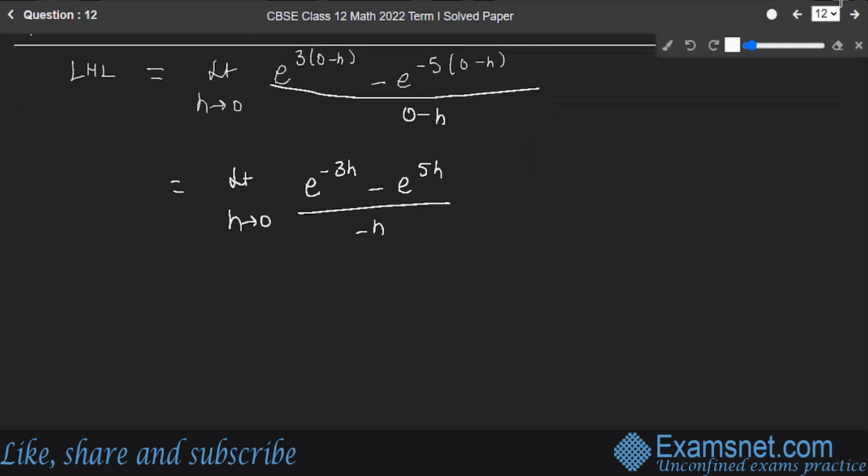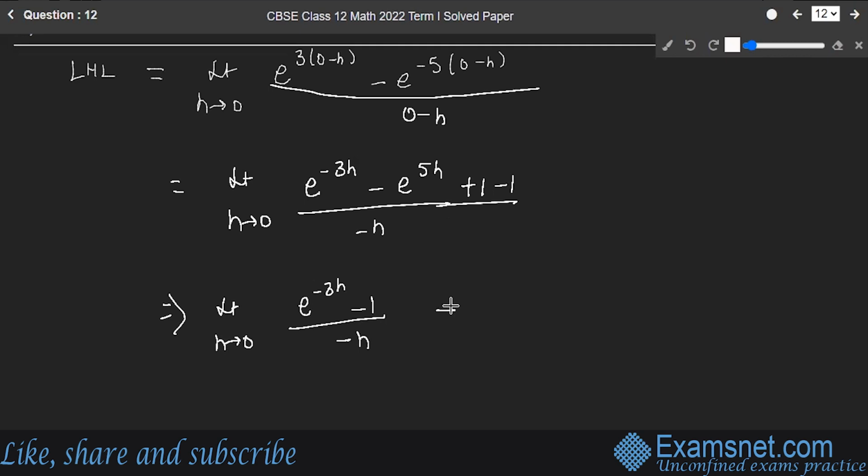Okay, so now I will be adding and subtracting 1. Now this will be limit h approaching 0 e raised to power minus 3h minus 1, right, upon minus h.